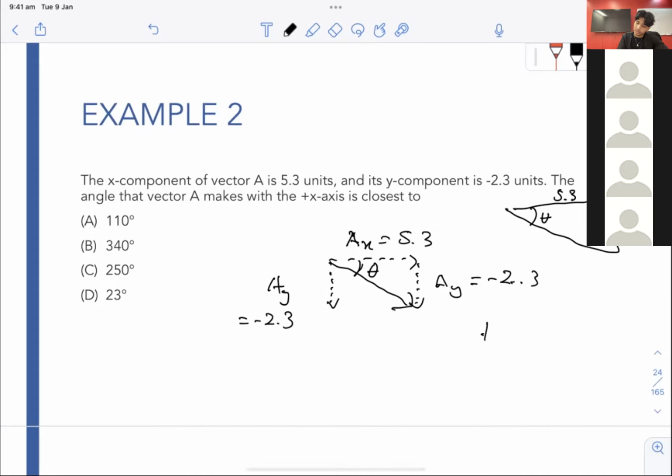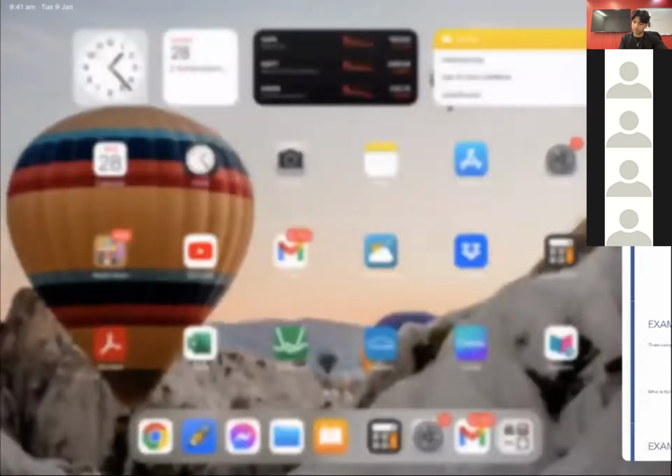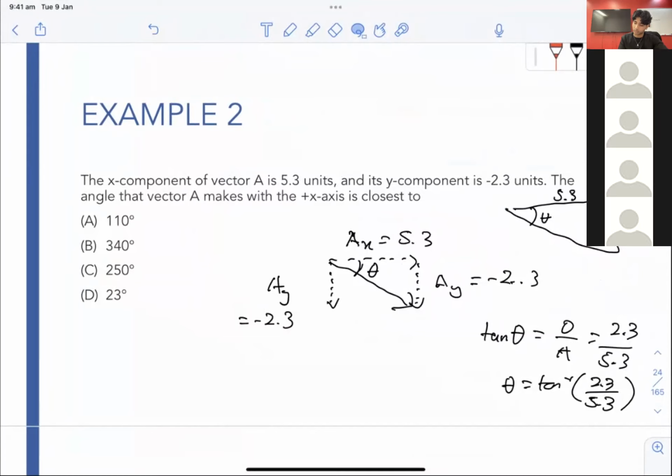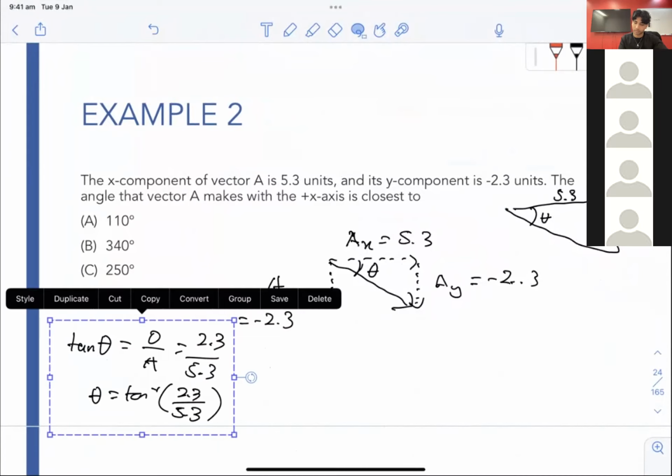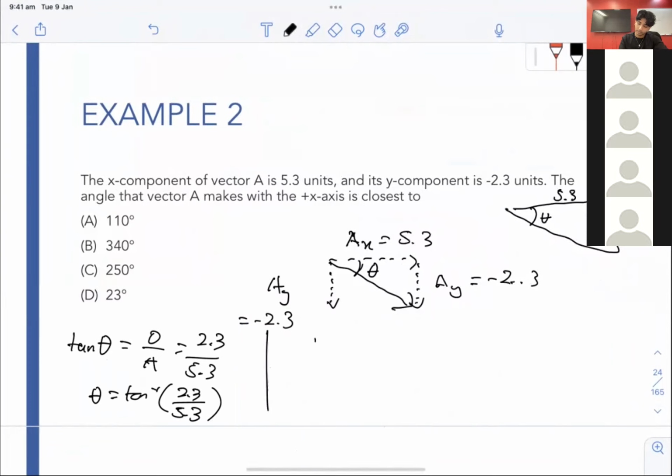Tan theta is opposite over adjacent, or 2.3 on 5.3. So theta is tan inverse of 2.3 on 5.3. Let me move this over here. Therefore, on the calculator, theta equals 23.45 degrees.